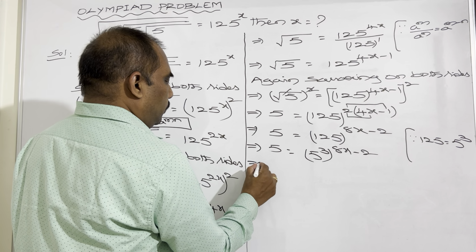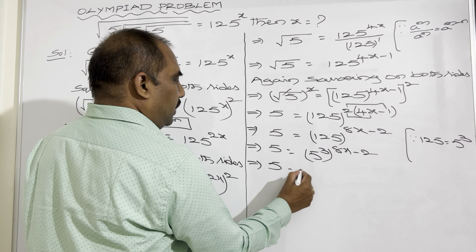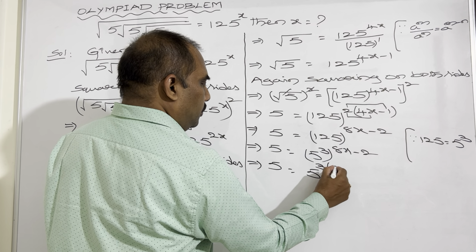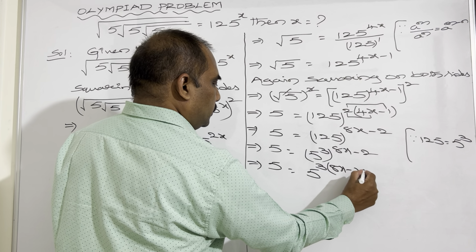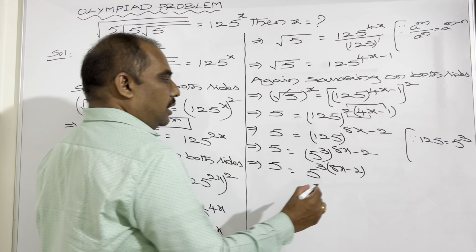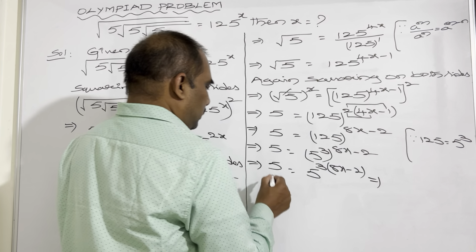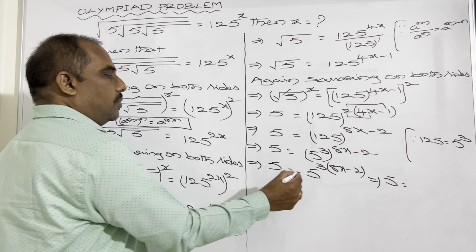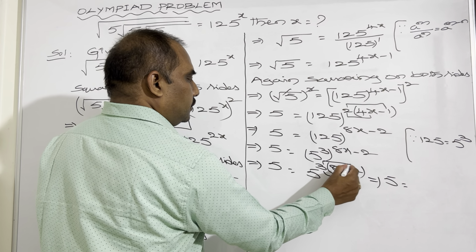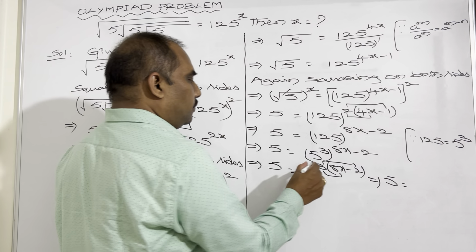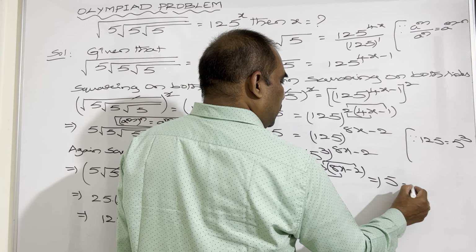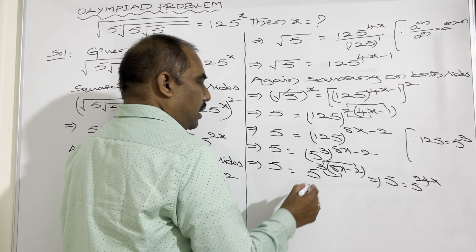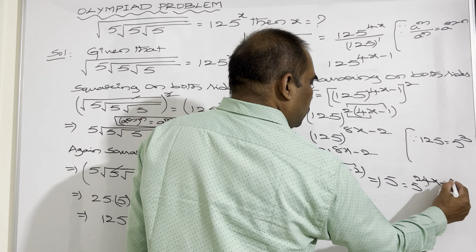So here also we get 5 is equal to 5 to the power of 3 into 8x minus 2. Now if you multiply by 3, these two terms, we get 3 into 8 is 24x, and 3 into minus 2 is minus 6.